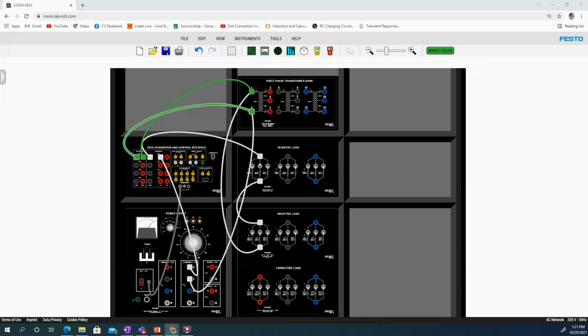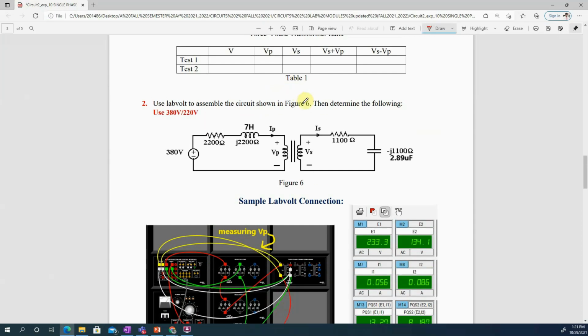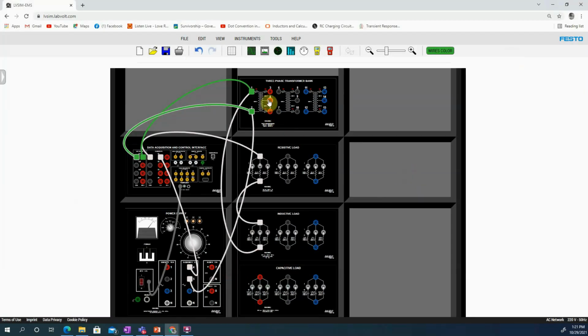And what about the secondary? Let me show the circuit. This is our circuit. We have there 1100 and minus J capacitor and resistor. So from here, which is 220, we have to go to the I1. It's white. Let me remove this one. Delete. So you need the red one.